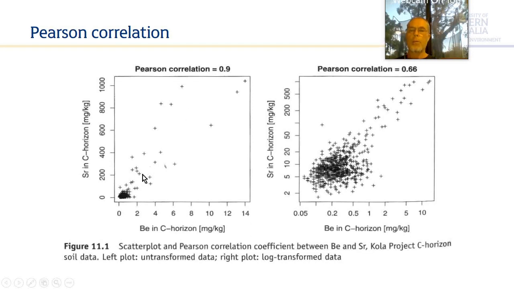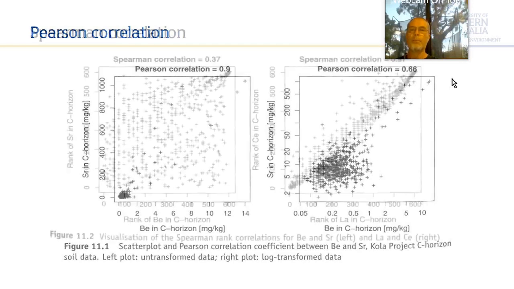So with this example here, with obviously positively skewed variables, we have quite a high correlation, but just because of the size of the residuals, the deviations from a line of best fit, if you like. But when the data are properly transformed, we can see the spread in the data. The data are now normal, so they fit the assumptions for Pearson correlation, and the correlation is a bit lower.